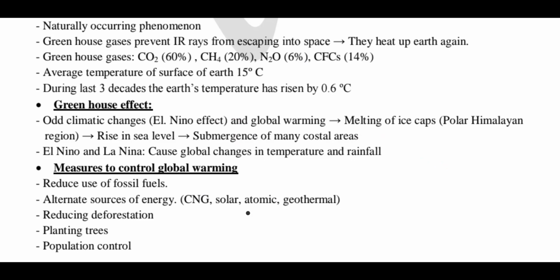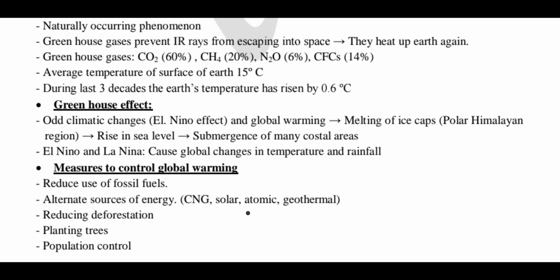Next, when any object heats up, it will emit infrared radiation. This is the simple thing. So here the heat of the surface of the earth is emitted in the form of infrared radiation. A very small portion of this infrared radiation goes into space.